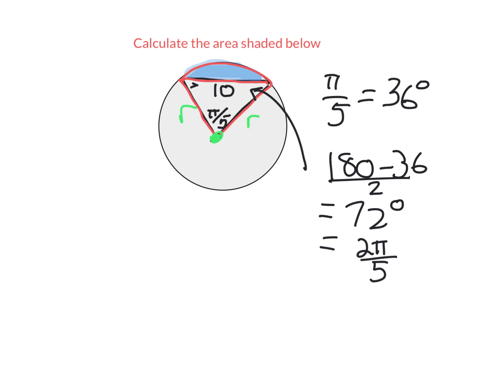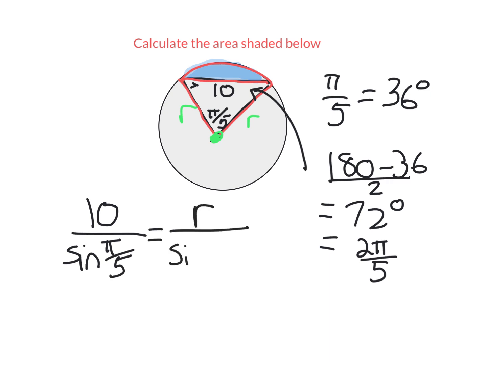So now that we have those angles, we can easily find the radius using the sine rule. So the sine rule for a side tells us side over sine of its opposite angle is equal to side over sine of its opposite angle. So just be careful when we're doing these calculations, our calculator will need to be in radians mode. So you know how to do this already.